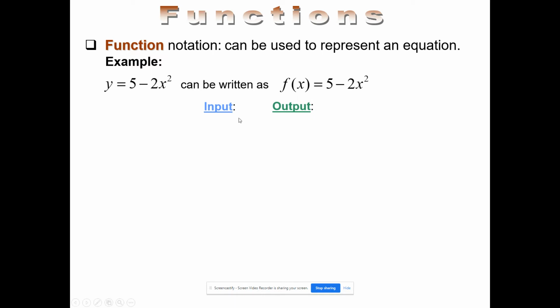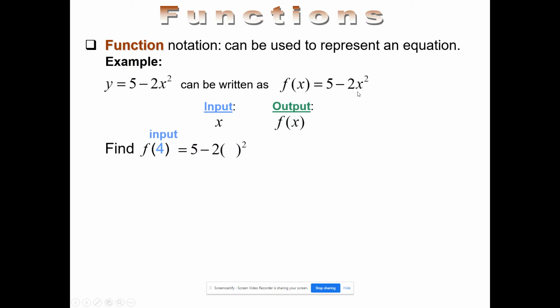Okay, now my input values are my x values. My output values are my y values or my f of x. Okay, so you input this to get out that. So like if we want to find f of 4, that means I'm going to input 4 into f.